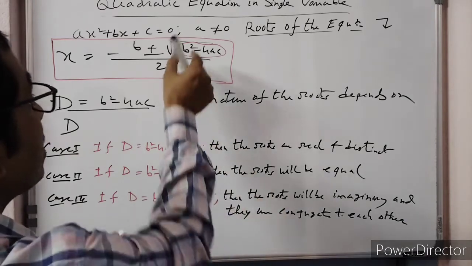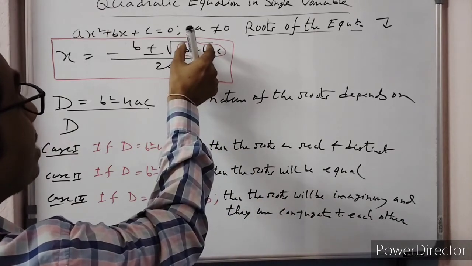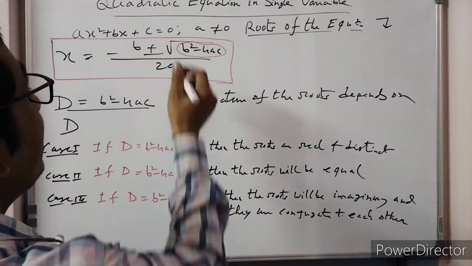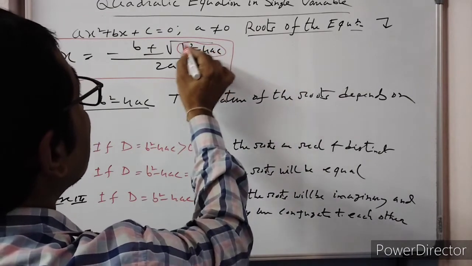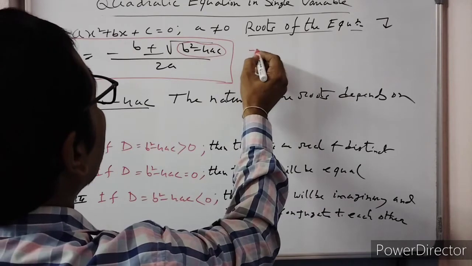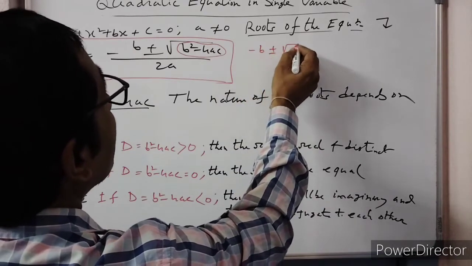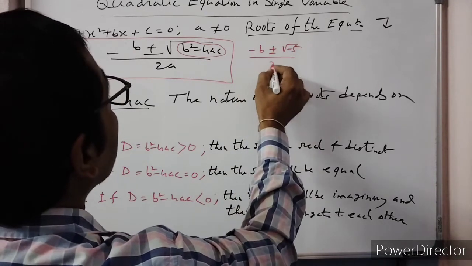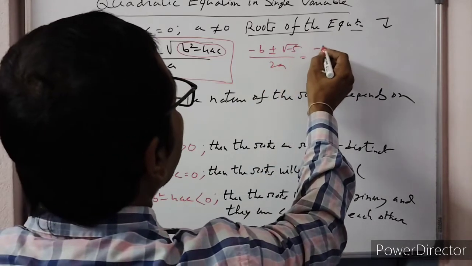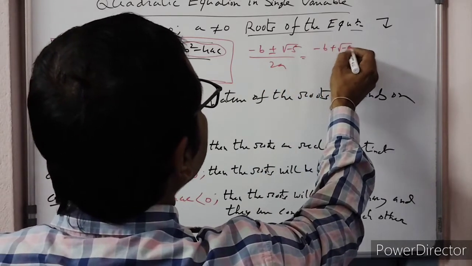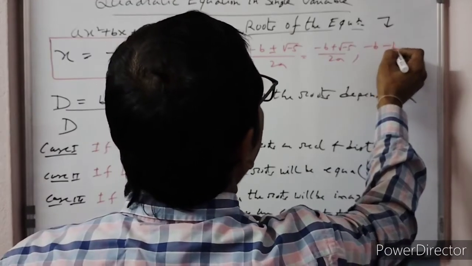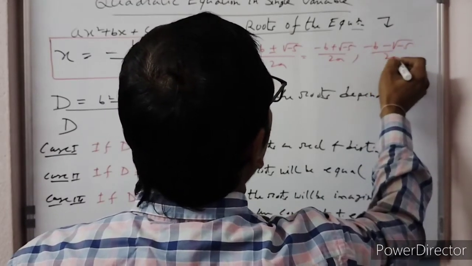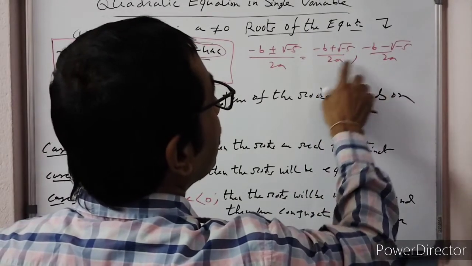Let us see. Suppose this is negative, say minus 5. So x equals minus b plus minus root over minus 5 by 2a. One will be minus b plus root over minus 5 by 2a. Another will be minus b minus root over minus 5 by 2a. They are conjugate to each other.